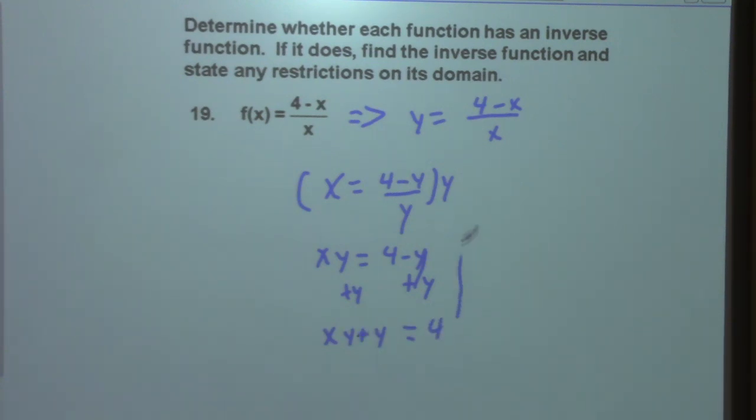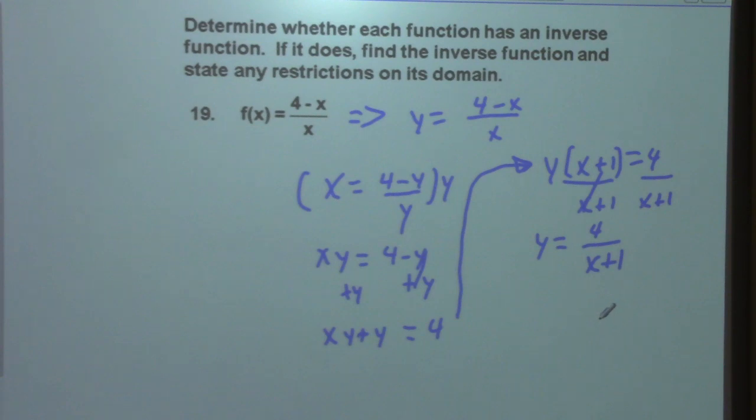We have y times x plus 1 equals 4, so we divide by x plus 1, so we get y equals 4 over x plus 1. Is that right? And then that would be f inverse of x, f negative 1 of x, is equal to 4 over x plus 1.